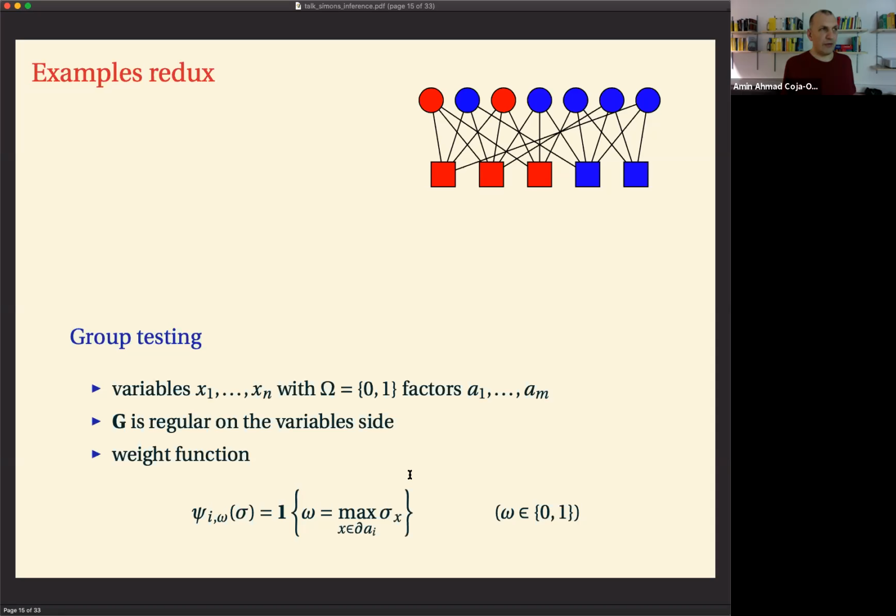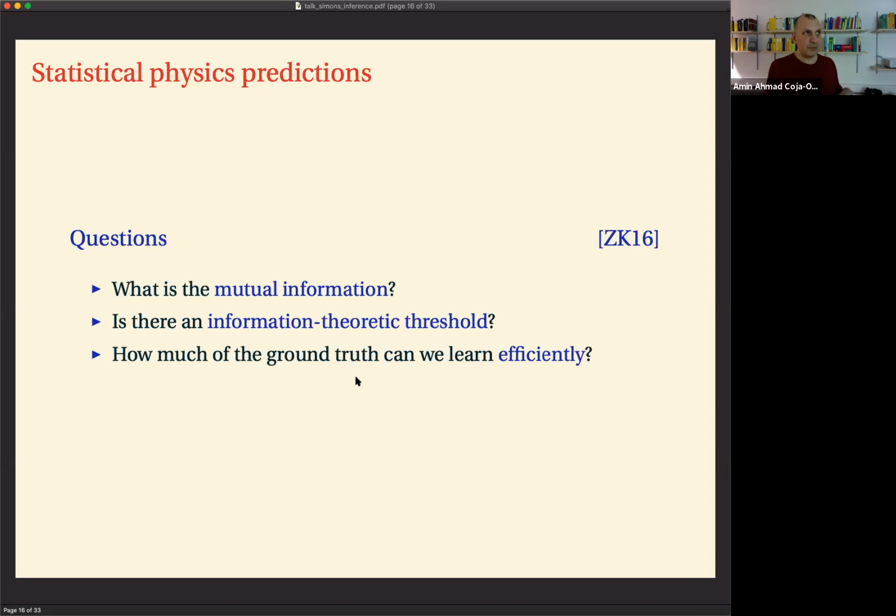So the advantage of having this unified framework is that we can actually prove things about it, and that we can then just use this general result to get some information about particular problems of interest. So in particular, on the basis of physics predictions, there's a generic physics approach to these problems called the cavity method.